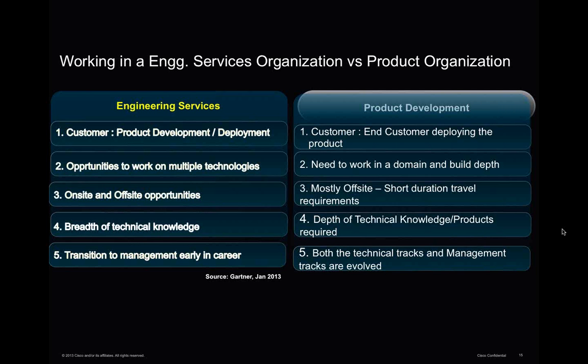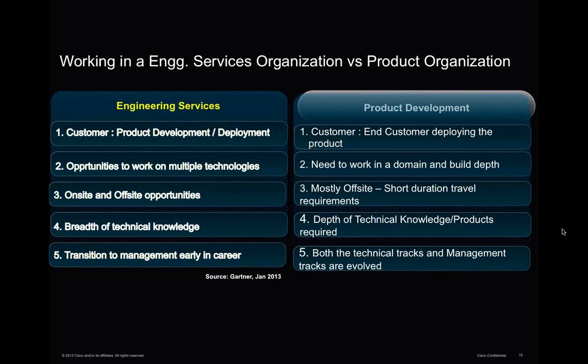And essentially, you will also find that typically most product organizations have two parallel tracks from a career perspective. One is a technical track. You can become a very senior technical person.